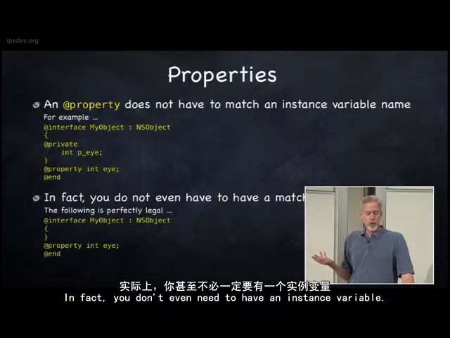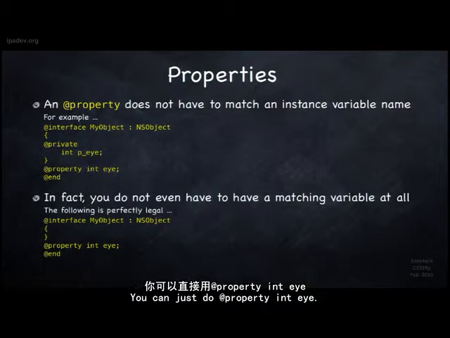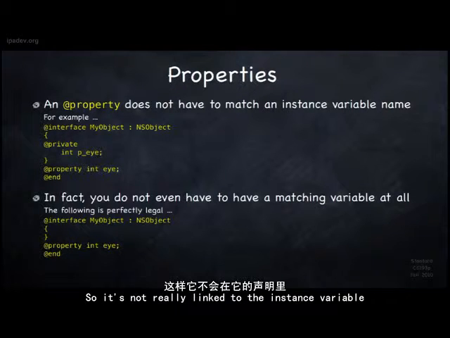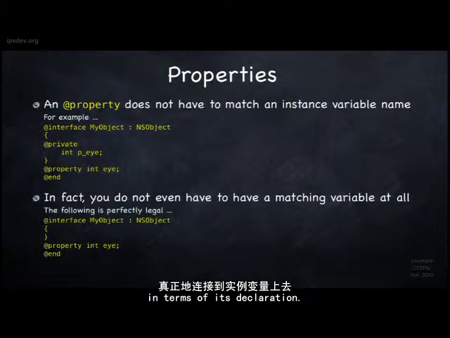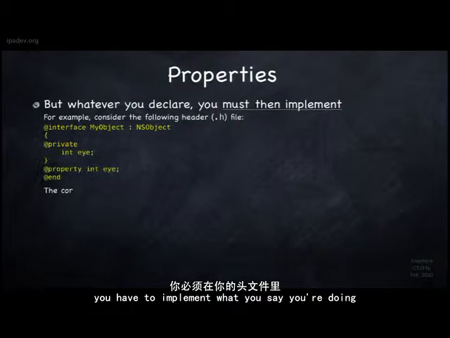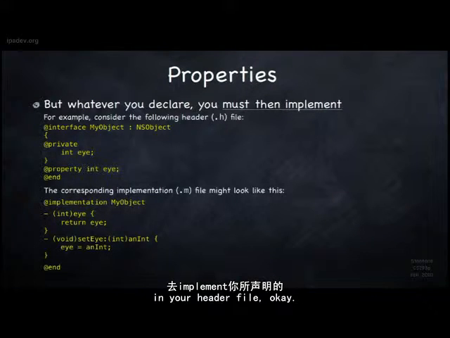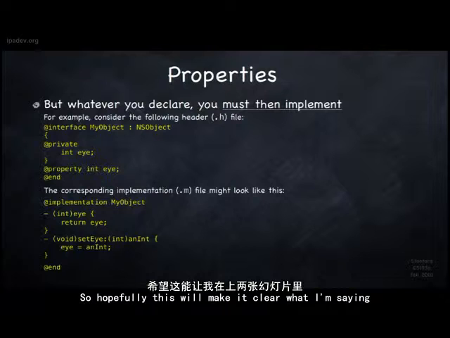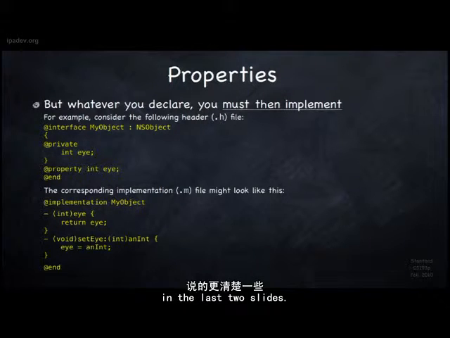In fact, you don't even need to have an instance variable. You can just do @property int I. So it's not really linked to the instance variable in terms of its declaration. But what's important, no matter how you do it, you have to implement what you say you're doing in your header file. So hopefully this will make it clear what I'm saying in the last two slides.